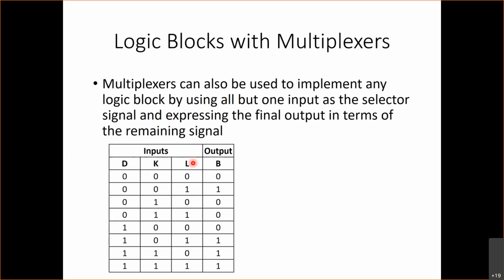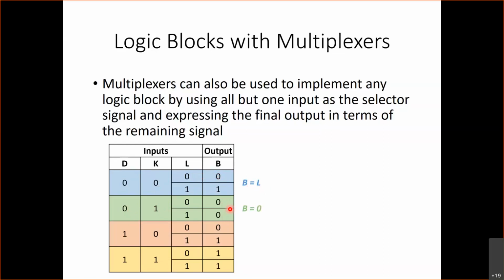So what we're going to do here is consider D and K as our selector signals. So here we're going to notice that when D and K are 0, 0, B is the same as L, right? So here when L is 0, B is 0. When L is 1, B is 1. So when D and K are 0, 0, then B is equal to L. When D and K are 0, 1, then here we notice that in both cases, regardless of what L is, B is 0.